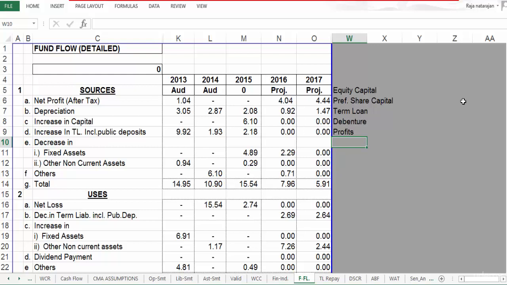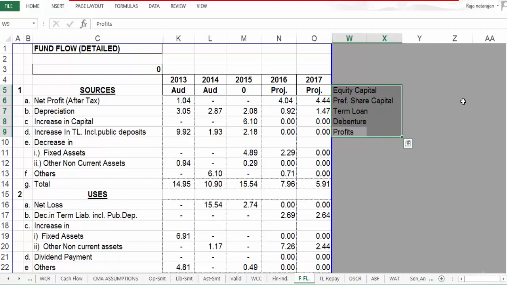Now, will sources appear only on the liability side of the balance sheet? The balance sheet is simply a statement which shows you the sources of funds and use of funds. That's all. And all liabilities are called as sources of funds and all assets are called as uses of funds. But that convention is not applicable here. Here I said sources can be from profits, debenture, term loan, preference, equity.